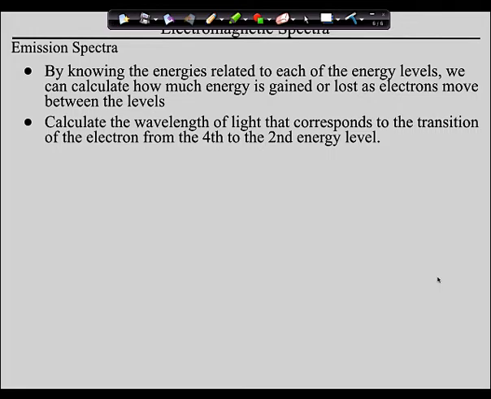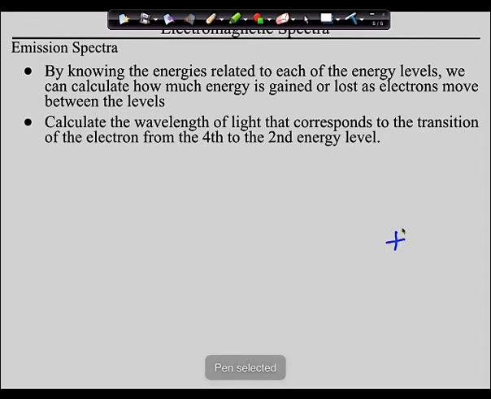What wavelength of light will be released when that happens? Guys, this is a multi-part calculation where one thing leads to another leads to another. So let's talk about it, and then we'll turn you loose and let you solve it.